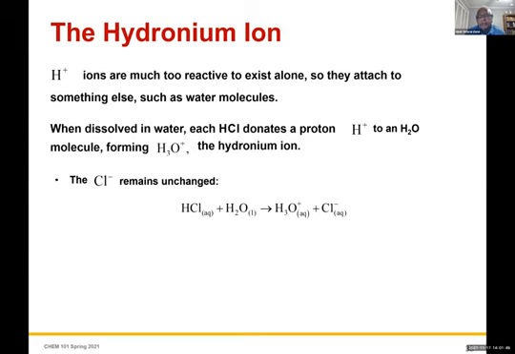Both are solvated by surrounding water molecules. The Lewis structure of the hydronium ion is shown here. It has a structure similar to ammonia, but it carries a positive charge.